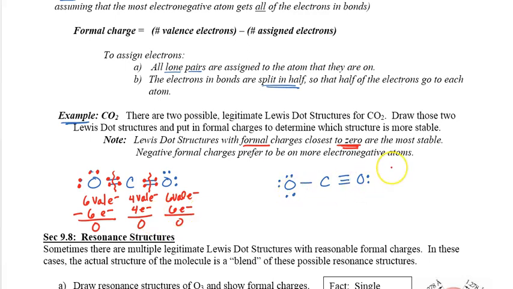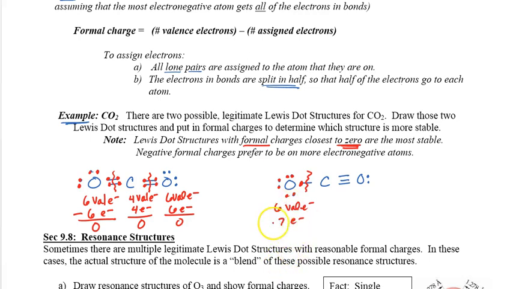If we look at this other structure, it's not going to come out to 0 for all of our atoms. So let's see if we can get our formal charges. This oxygen here has 6 valence electrons, and how many is it assigned? 1, 2, 3, 4, 5, 6, and then one of them from the bond. So it's assigned 7 electrons.